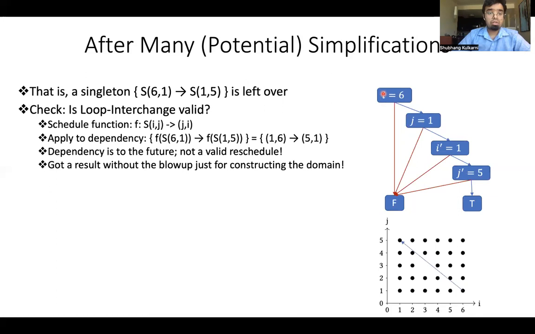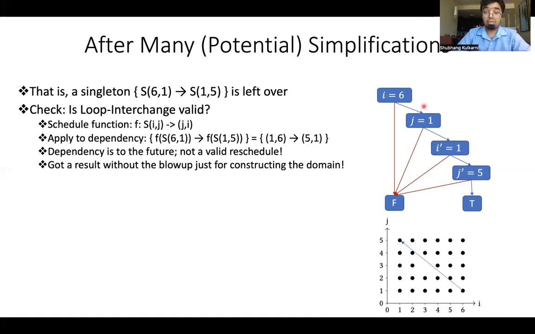Okay, and so in order to check whether a loop interchange is valid, we can just perform standard checks, and we find that the dependency is to the future. And so the loop interchange does not result in a valid schedule. However, we get this result without a blow up just for constructing the domain.